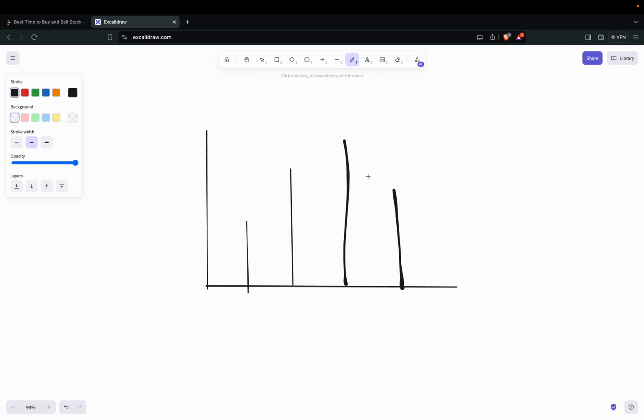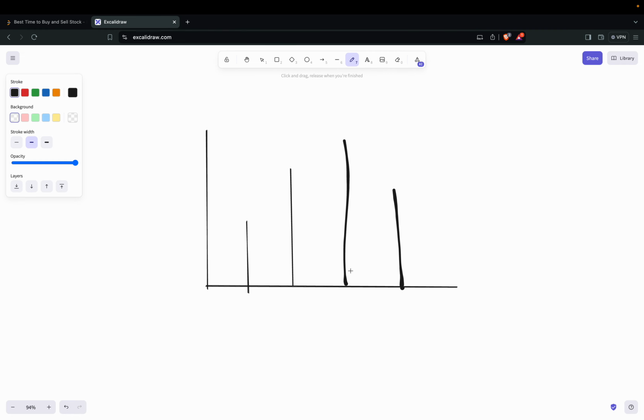This is the example. Suppose the first day it was 7, and the next day it became 1, then again the next day it became 5, and another day it became 6.